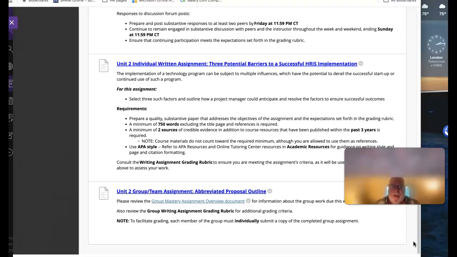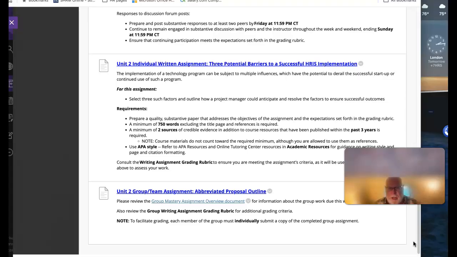Of note on this group assignment, it talks about the abbreviated proposal. If you look at the group mastery assignment document, the instructions are somewhat vague. Basically, what I'm going to be looking for is very brief.